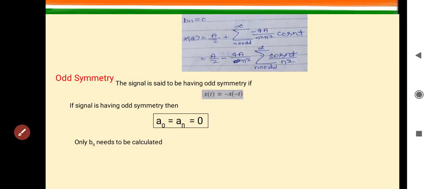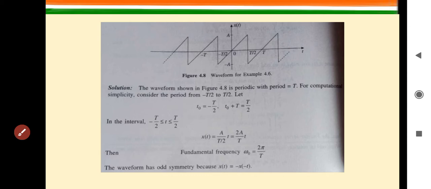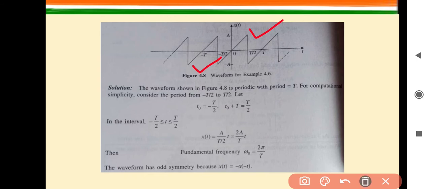Now look into the example. Here the signal is given, and because the graph appearing in the first quadrant also appears in the third quadrant, we can say that the signal has odd symmetry. Or we can check by folding about the y-axis, then reversing about the x-axis.